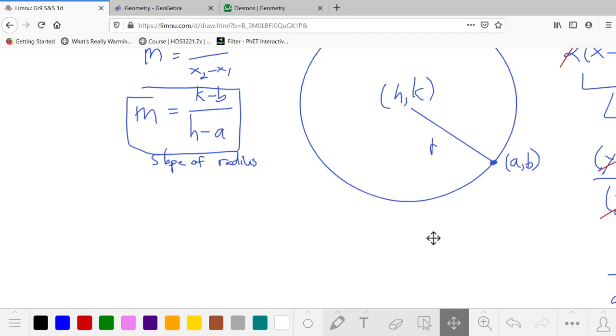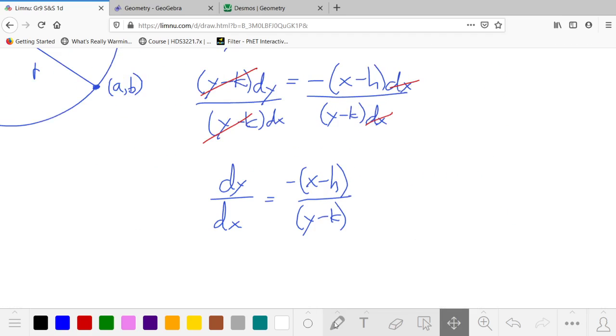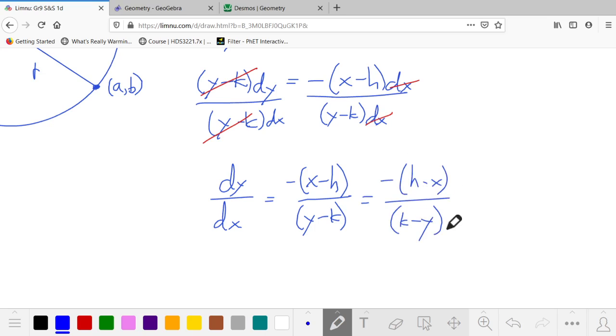Just starting to look a little bit familiar. Here we just have the k's and h's first. But that will be equal to negative (h minus x) over (k minus y) as well.